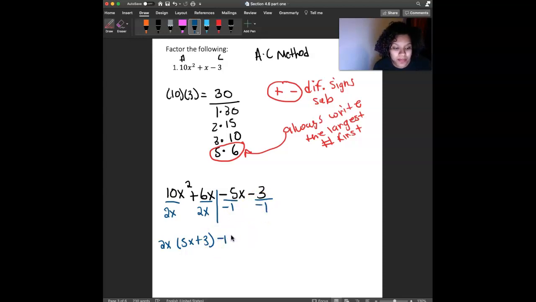I have 5x plus 3. All right. Notice that they're both the same. We check. If they're not the same, I got to go back, right? So I bring 1 down. And then I'm left with 2x minus 1.